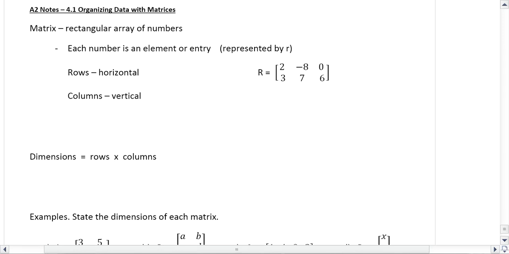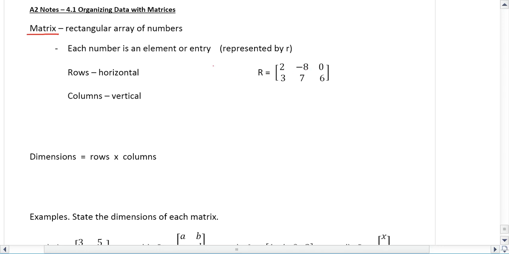So first of all, what is a matrix? We use the word array to define it, and an array is a grid of numbers. So a matrix is a rectangular array of numbers, and we write it with these bracket type of things. Each number in a matrix is called an element or an entry.